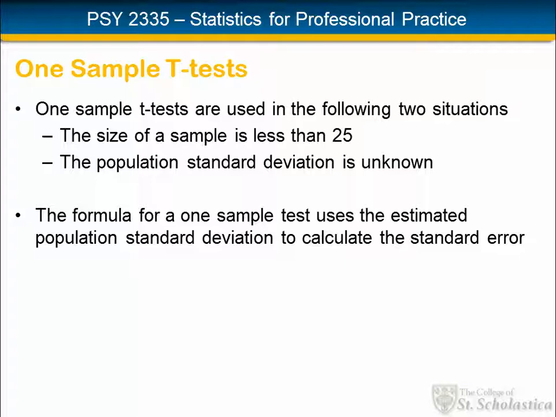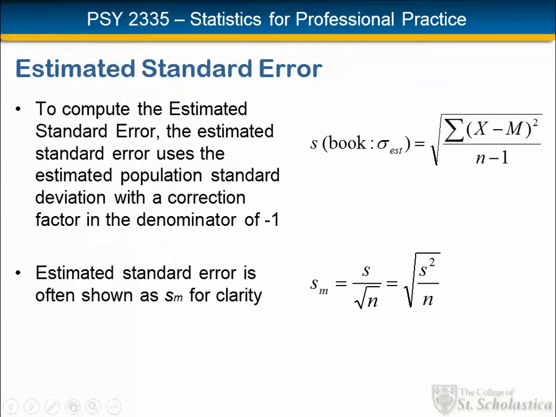The formula for our one-sample test uses an estimated population standard deviation in order to calculate the standard error. So in order to use that estimated standard error, the first thing we need to do is compute the standard deviation. In most places, we'll see that represented by S for the sample rather than sigma, which usually stands for the population.